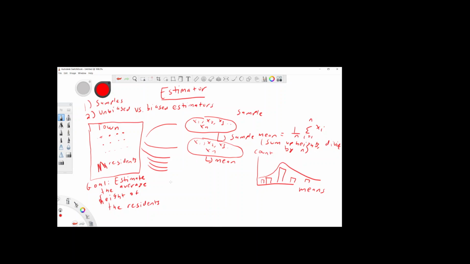And for a bit of notation, let's let mu denote the population mean and x bar represent the sample mean. So what we're doing in this graph right here is simply taking a distribution of the sample mean.